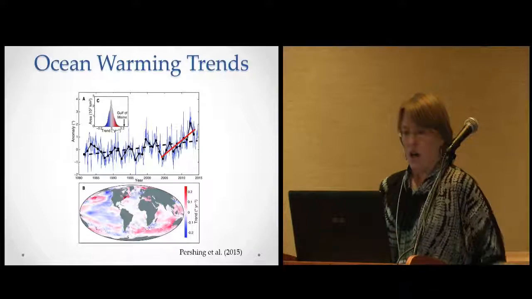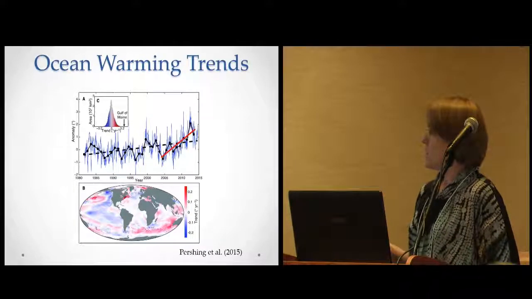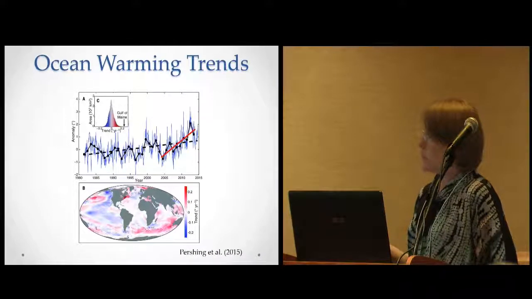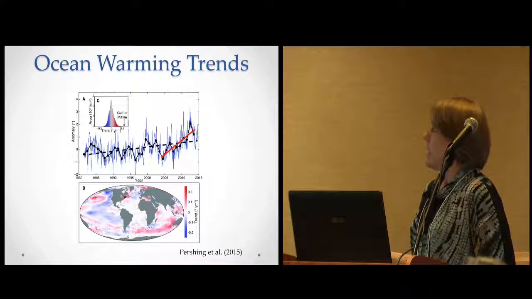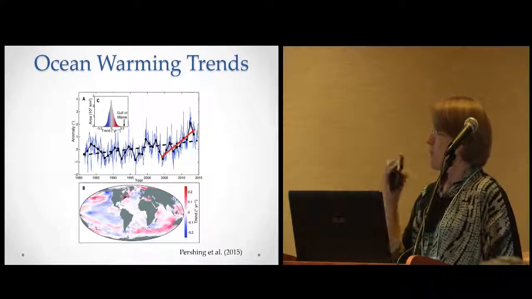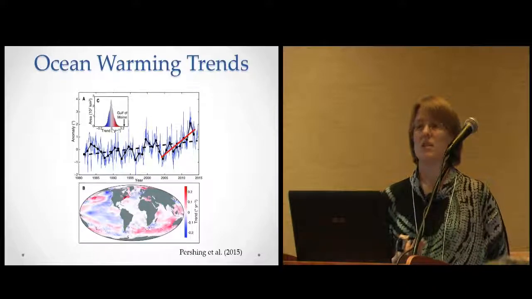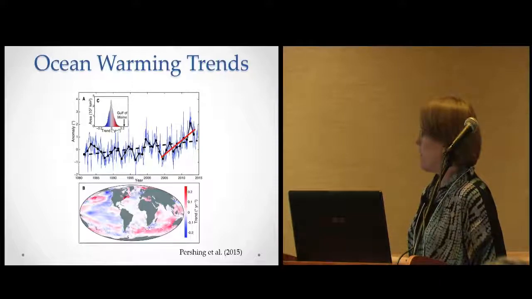And so another thing that we've sort of picked out with this particular 10th degree simulation are smaller scale features like what I've already been talking about, but also this is a warming trend off the northeast coast of North America. And this is just an example of how we can have smaller scale features that we don't see yet in coarser model resolutions that we are resolving in the high resolution.